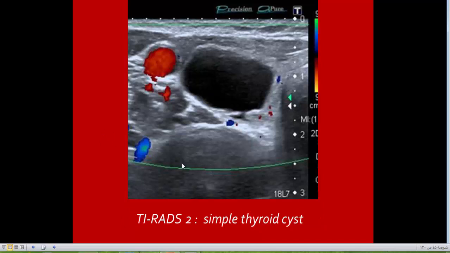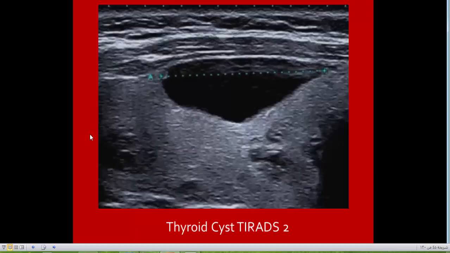This is TI-RADS 2, a simple thyroid cyst, as we see, well-defined, no solid component, no internal content. This is TI-RADS 2, colloid 1 by Russ et al., constantly benign. By Kwak it is a simple cyst, also colloid 1.